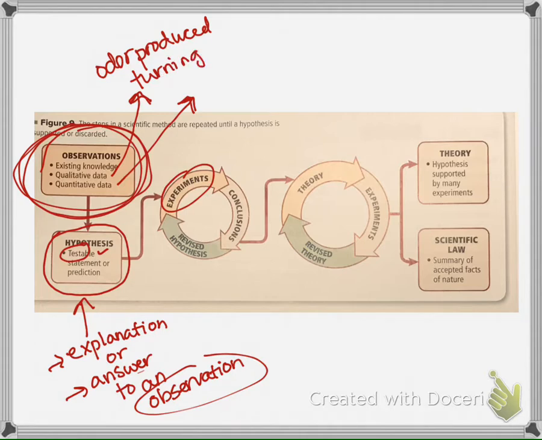You're noticing a change, you're making an observation. These are things that you observe but don't necessarily measure. Now, quantitative data is things that you can measure. It's going to have a number attached to it.